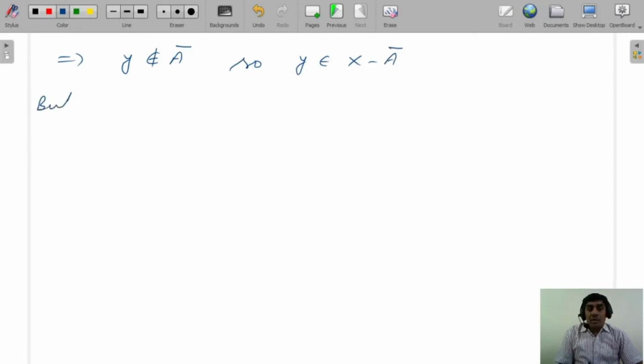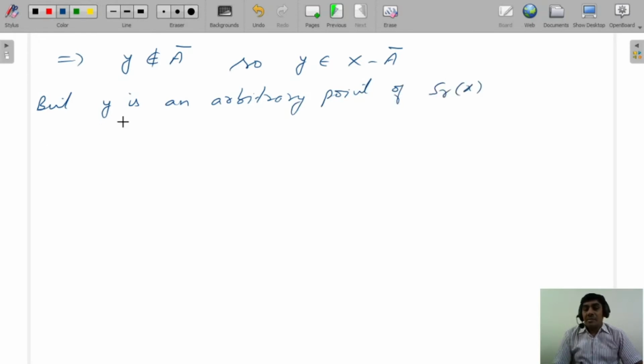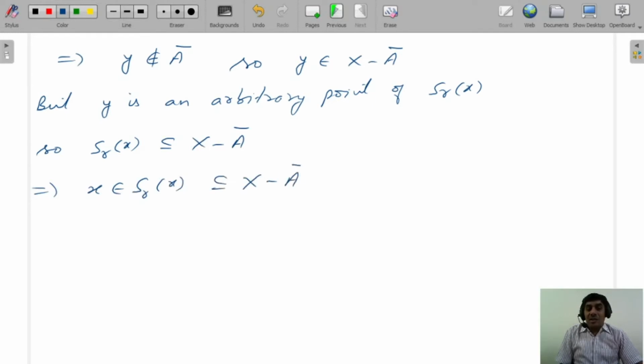But y is an arbitrary point of S_r(x). So S_r(x), the sphere centered at x with radius r, is contained in X minus A closure. This implies x belongs to S_r(x) contained in X minus A closure.